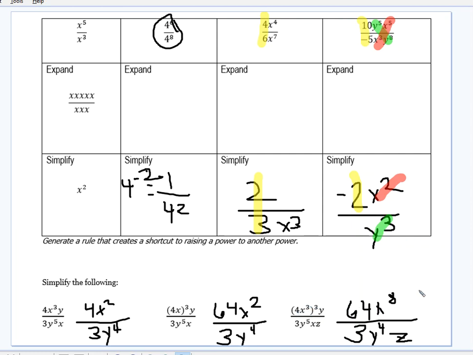And we have 64x to the 9th, but when I have it over this x in the denominator, it simplifies to x to the 8th, if you can read that. And 3 in the denominator with the y to the 4th, as well as the z, because the z doesn't have anything that matches with it, so it just stays out front. Okay, we're going to go ahead and move on.